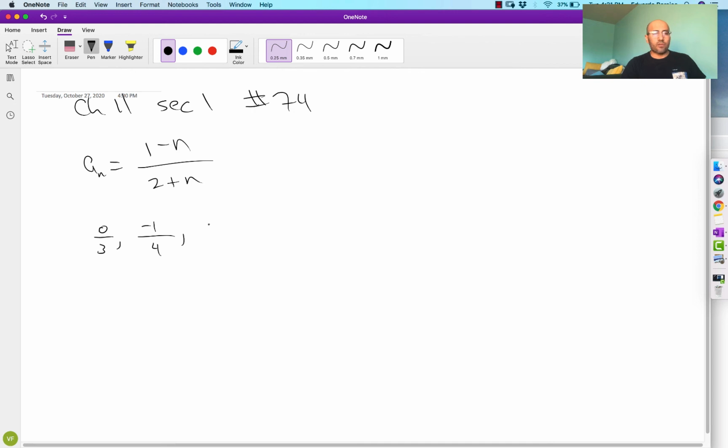If n equals 3, we get negative 2 over 5. If n equals 4, we get negative 3 over 6. Okay, so I see a pattern. The numerators are 0, negative 1, negative 2, negative 3, so it'll be negative 4, negative 5, negative 6. The denominators seem to be growing: 3, 4, 5, 6, 7, 8, 9.